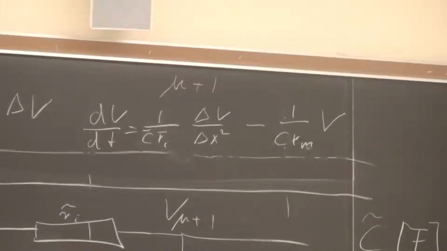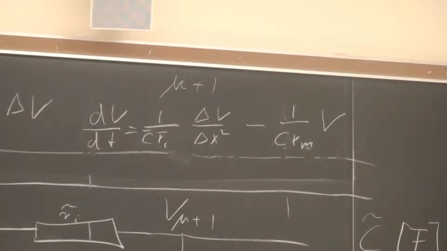Now I have these new physical characteristics. They come as new constants. One is C bar times Ri bar, and one is C bar times Rm bar. Even though they look very similar, they're actually different.